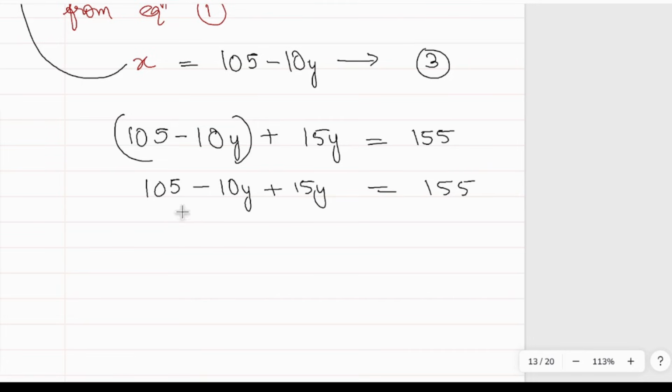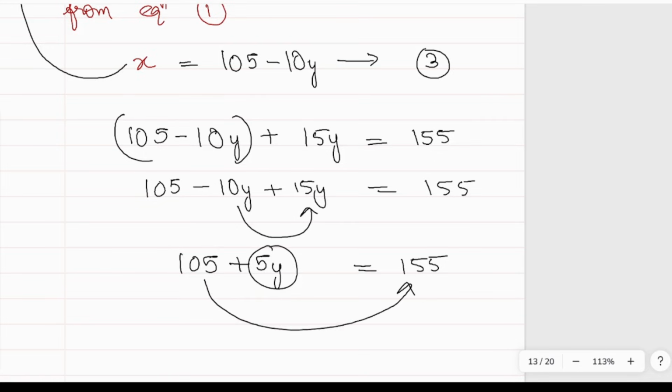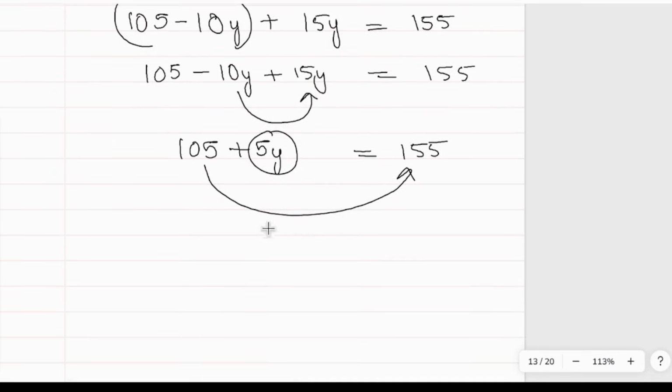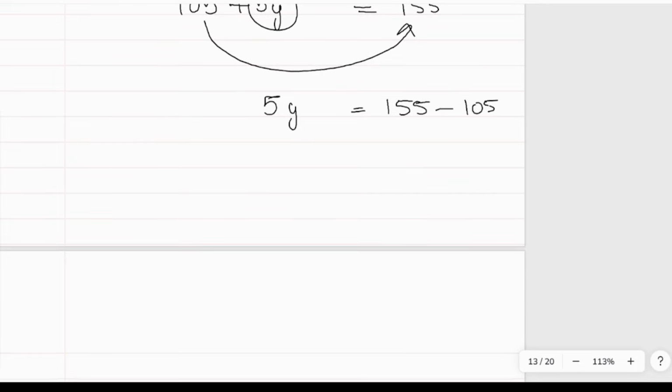Right? What is the value for this one? 105 plus 5y is going to be 155. So I'm going to keep the 5y here and take the 105 to the opposite side. That is 5y equal to 155 minus 105. Clear?